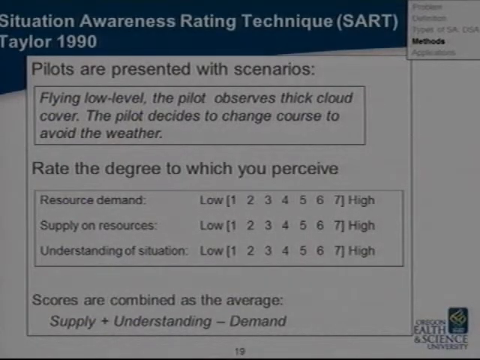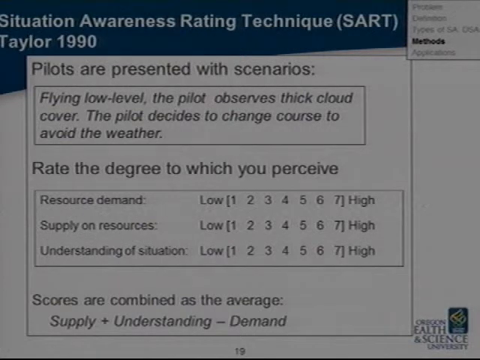When assessing situational awareness, there are probably two or three popular techniques for doing so. One of them is the self-rating technique, mostly because it's fairly simple to implement and it's not intrusive on the subjects.